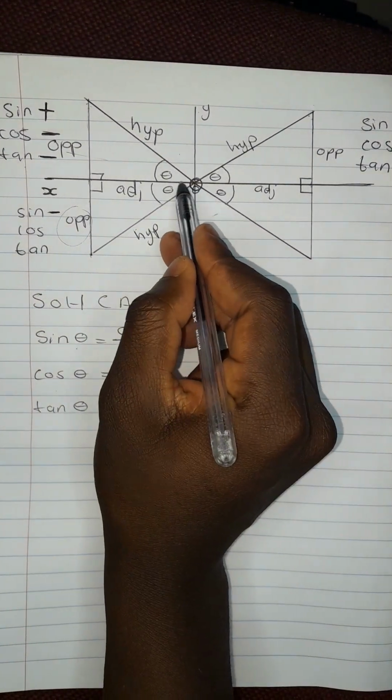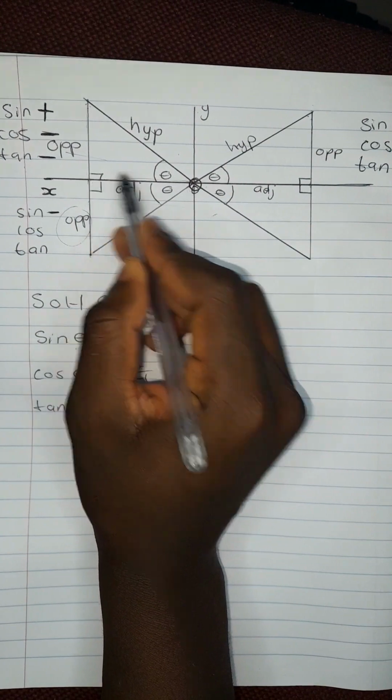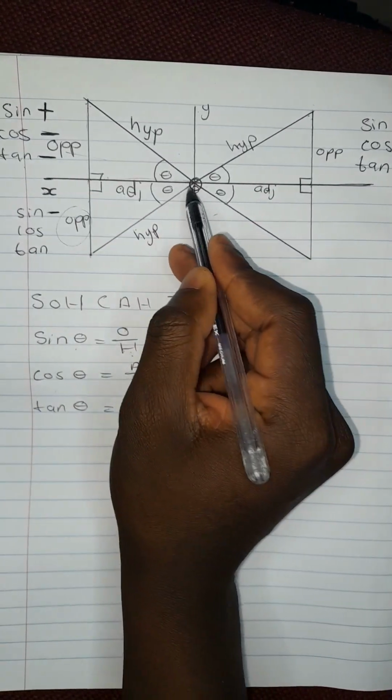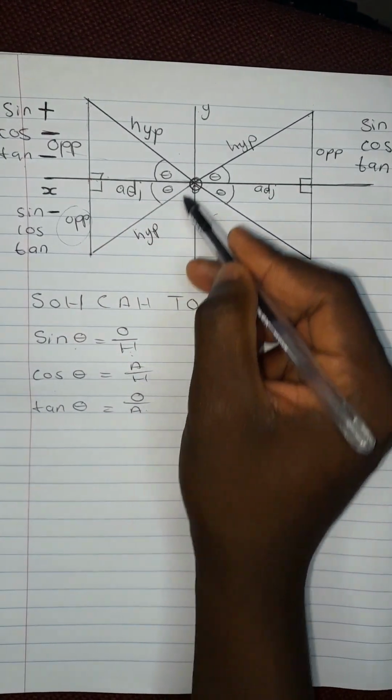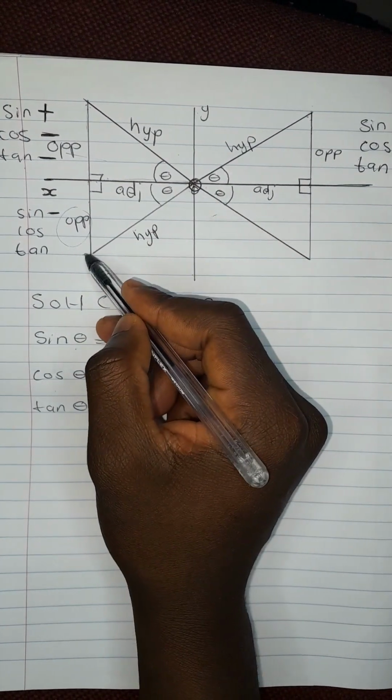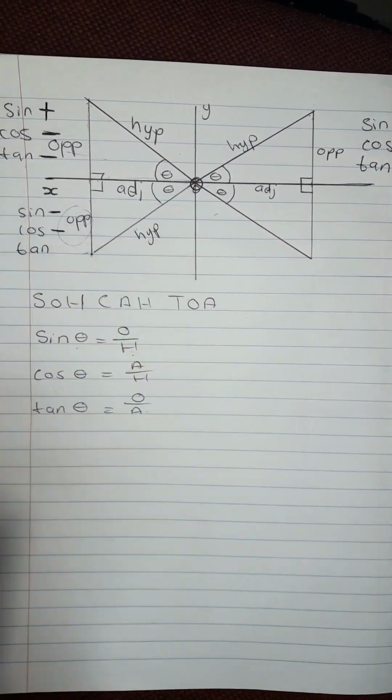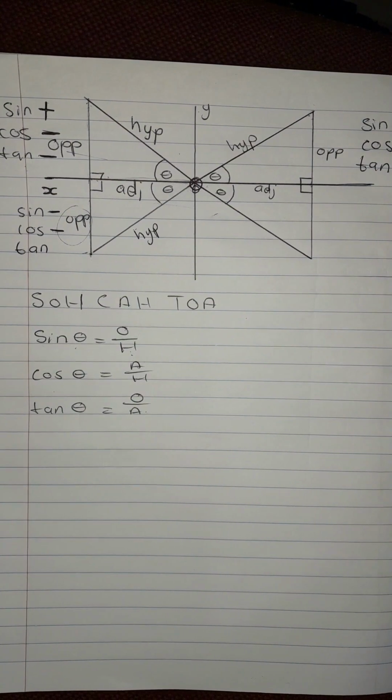Let us check my cos. My adjacent on this side is negative, so I'm going to have negative divided by positive hypotenuse, which is negative.